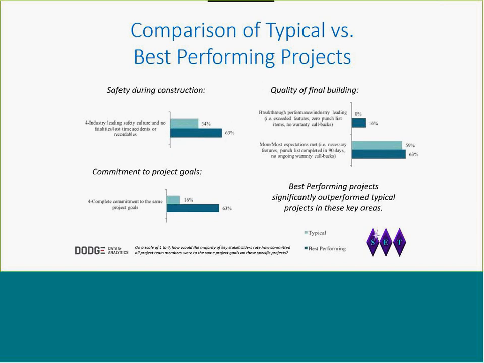On commitment to project goals, you can see the comparison, 16 to 63. Some of these guys complete the commitment to the same project goals time after time. And then quality of the final building, and you can see the breakdown here. Best performing projects significantly outperform the typical projects in these key areas, which comes down to project management performing extremely well.